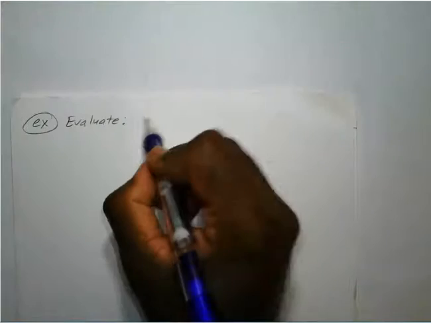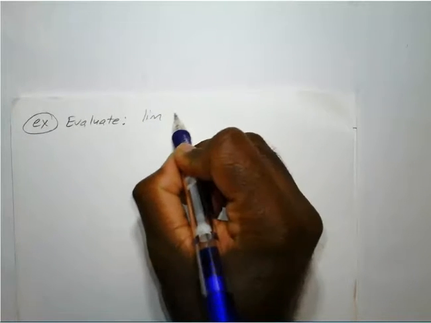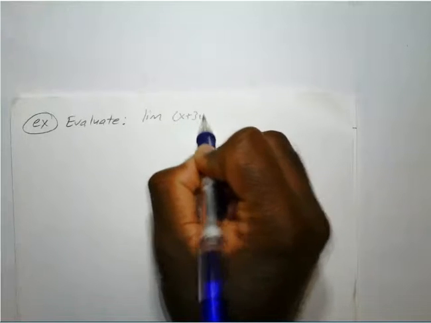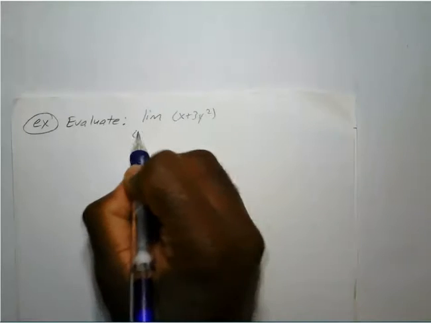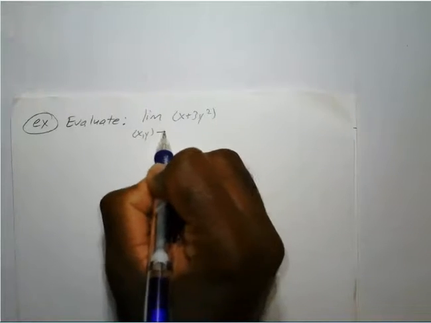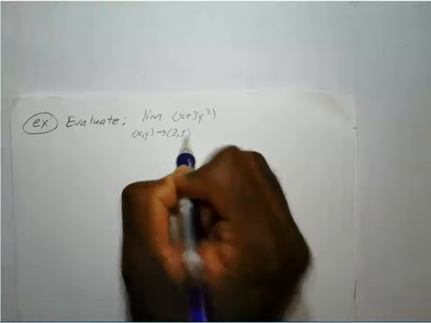All right, so let's say for this example, what if we wanted to evaluate the limit of x plus 3y squared as xy approaches 2, 1?